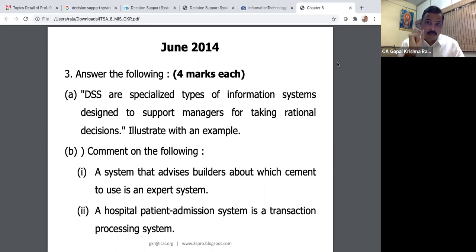Let us appreciate them through examples and how they are practically applied in organizations and corporates. I'll connect like that so that these questions will be very easy for you to comprehend.